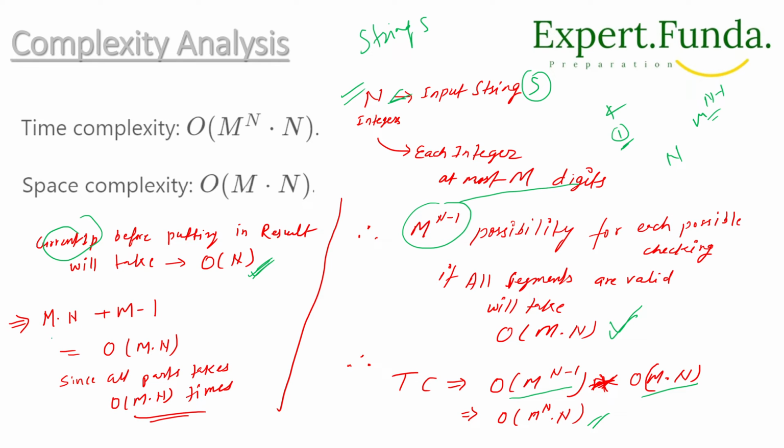For each solution, it will take m into n, which we have already discussed. For all the operations it will take m for all the digits, or m minus 1, so it comes to m into n.